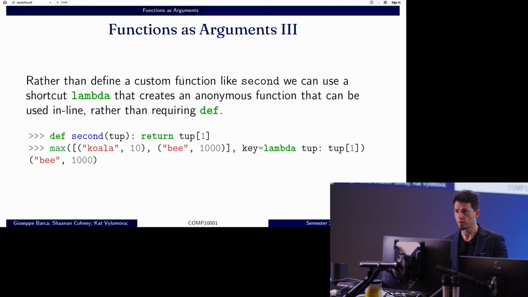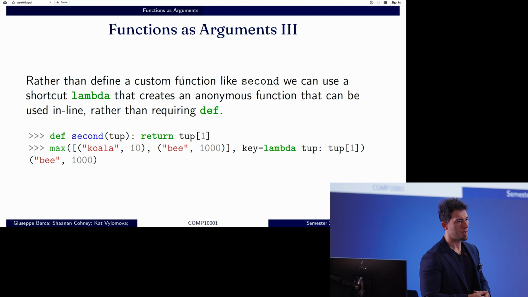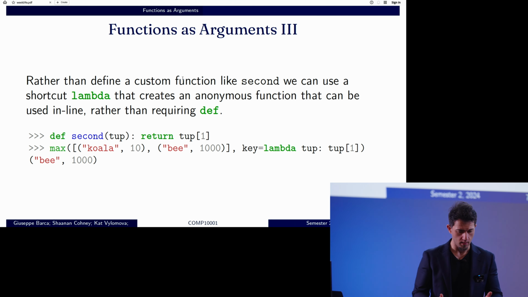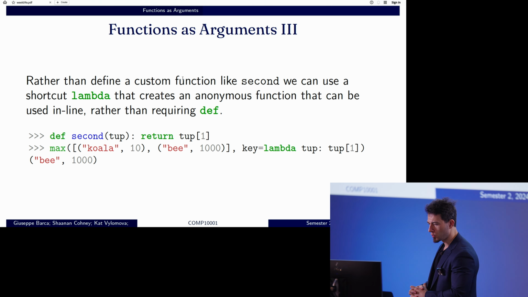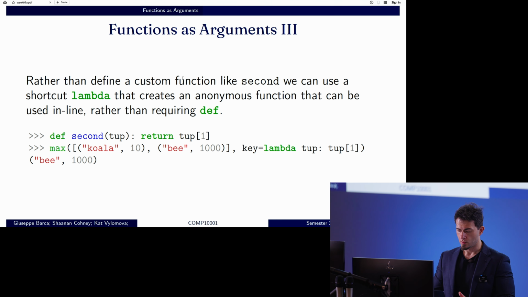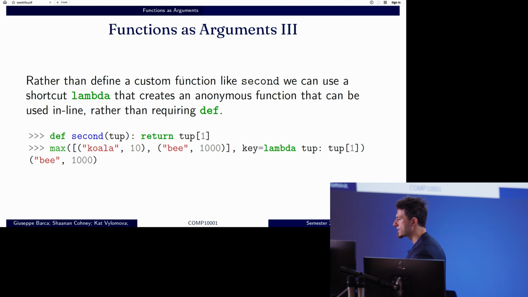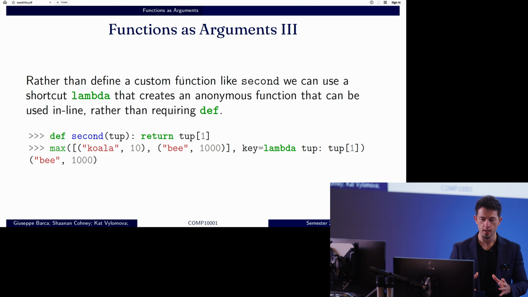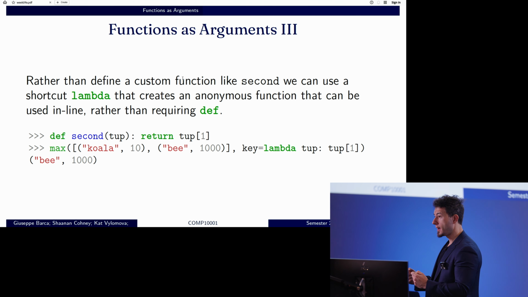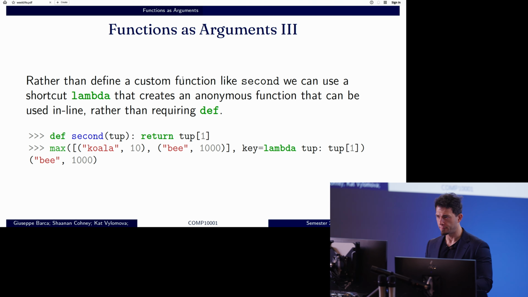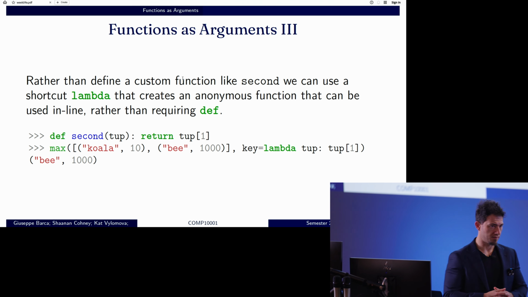On top of that, it's annoying because I have to use this def syntax, which takes a bit too many words. So Python provides a more concise way to define small functions without having to use the def statement. And that's using lambda functions.